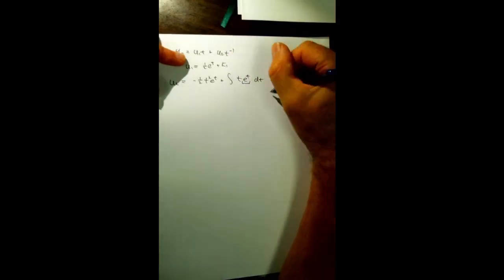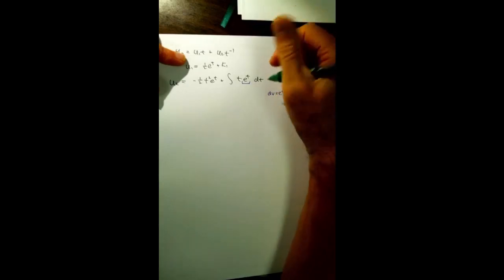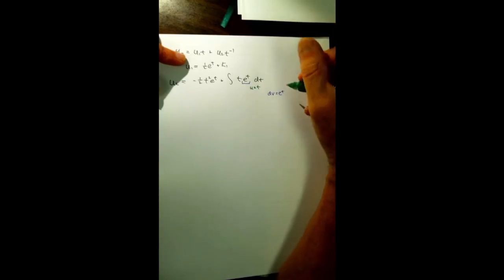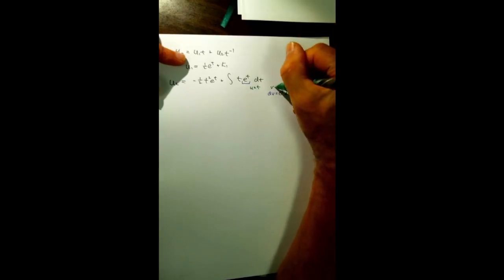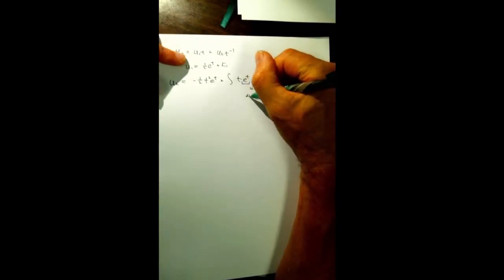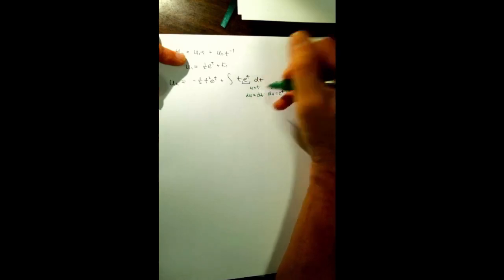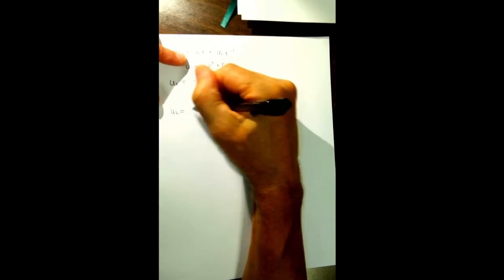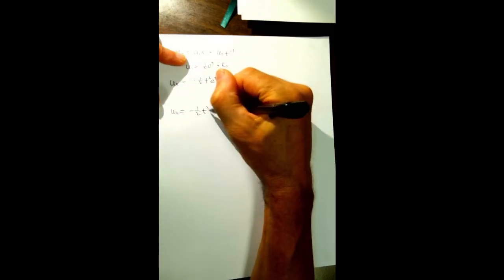Again, I can take the antiderivative of that, and I want to take a derivative of t because that'll be nicer. So that means my dv is e to the t. That means whatever is left is u. So that's my t. I gotta be careful, this is dt. Antiderivative of e to the t is e to the t. Derivative of t is 1. So u2 becomes minus 1/2 t squared e to the t.